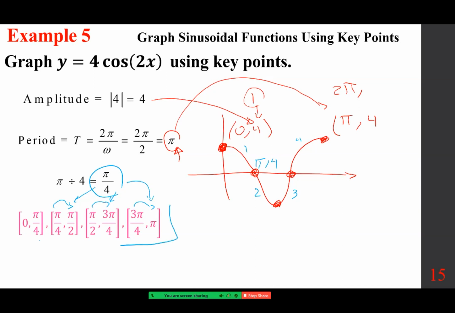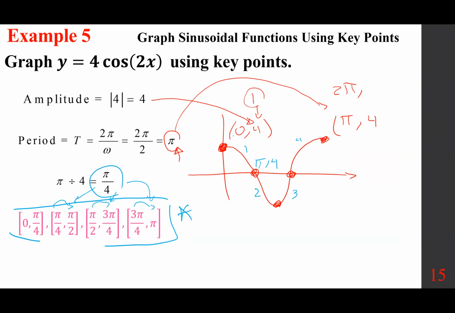So if you understand how we arrive at this using T equals 2 pi over omega, divided by 4, this will give us these important points.